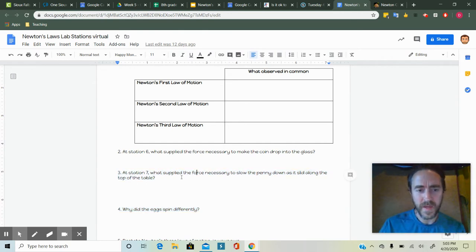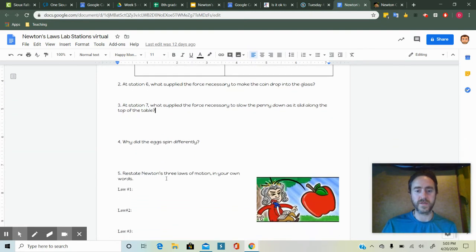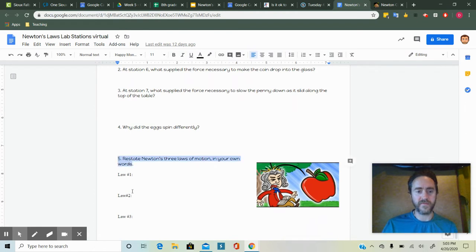Let's go back to this one. Station 7, what supplied the force necessary to slow the penny down as it slid along the table? That was friction. Okay, question 5. Most of you got this. Restate Newton's laws. Law number 1, an object in motion stays in motion. An object at rest stays at rest unless it's acted on by another force.